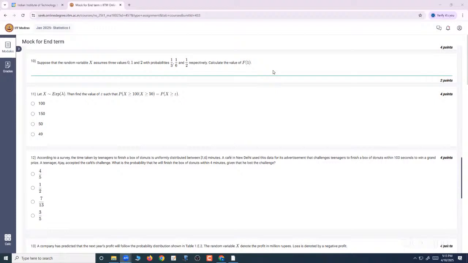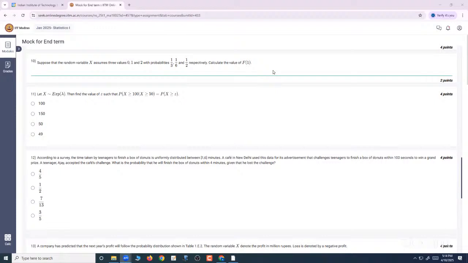It's 50. What about others? Are you able to solve it? Have you solved it or are you solving it? Just tell me if you are solving it, then I will give you more time.